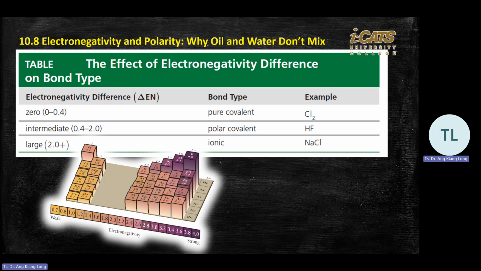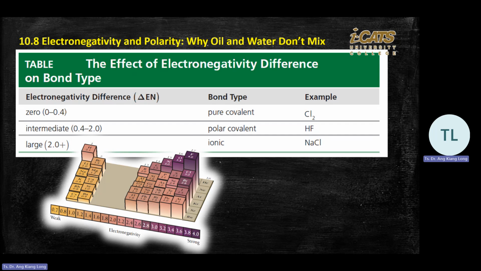If it's very large, more than 2, for example Cs and I, you put something from left to right, more than 2, it becomes ionic bonding. If it's between 0.4 and 2, then polar covalent. Most of the questions will ask you polar covalent questions.